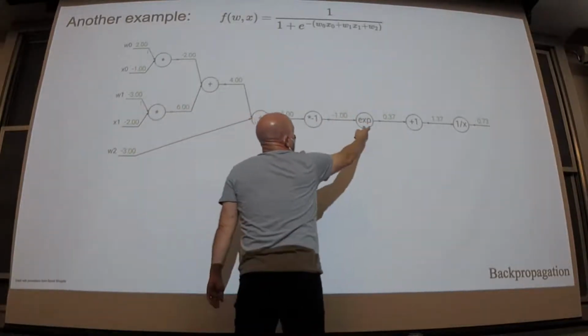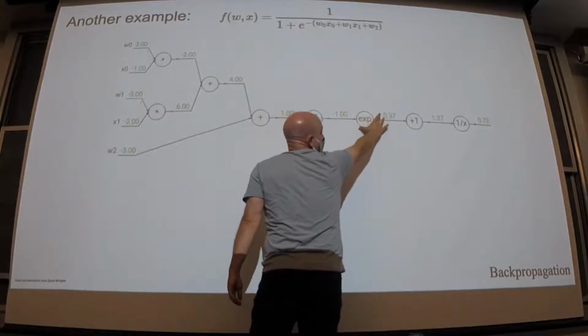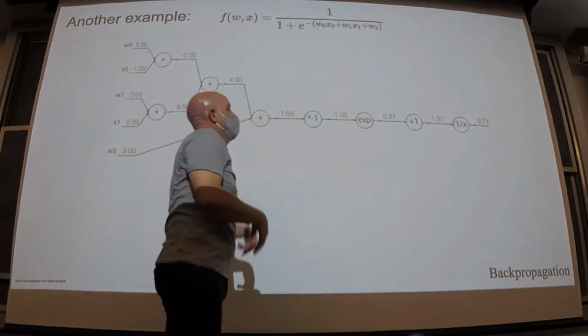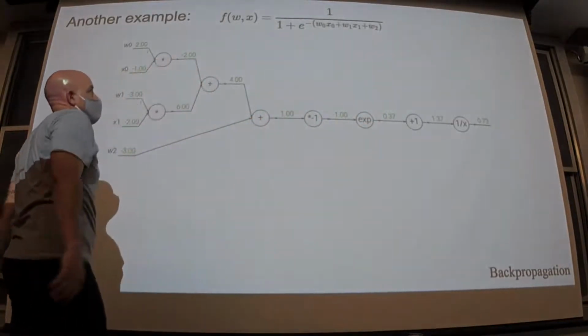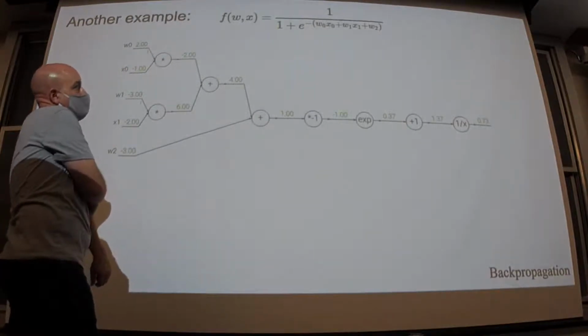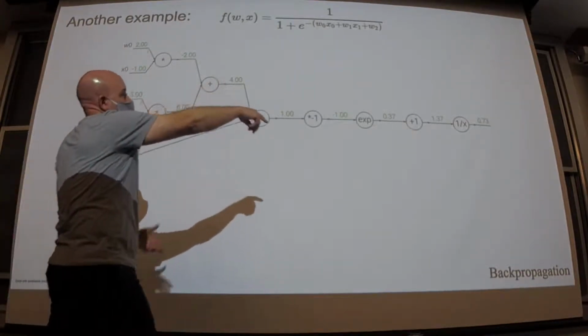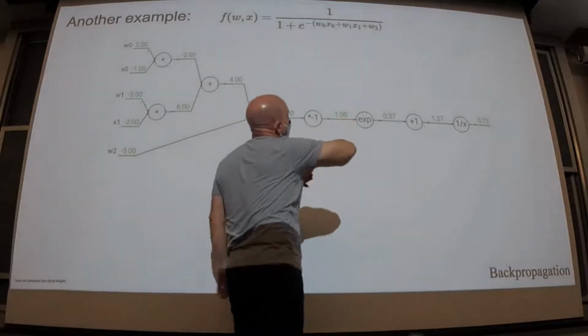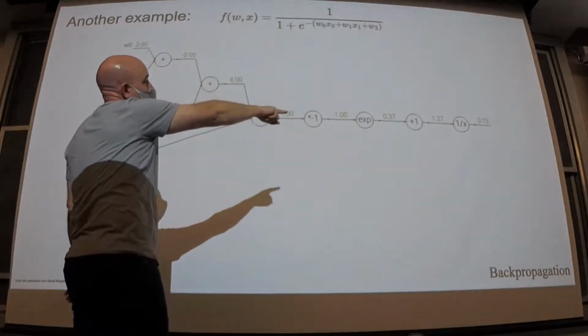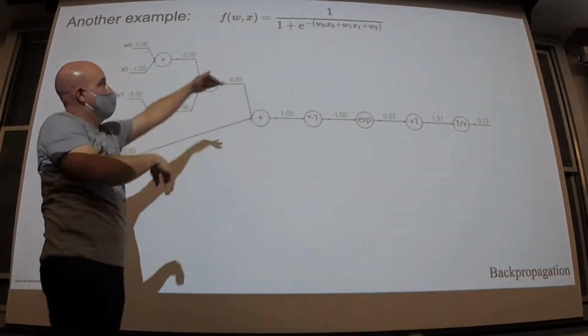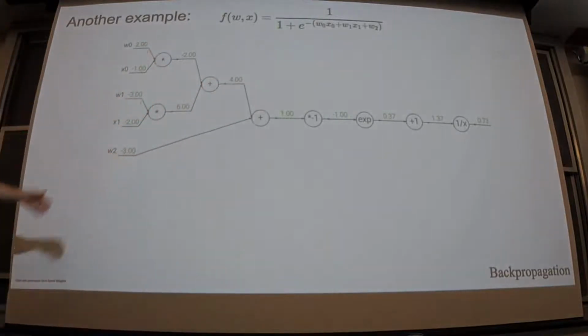This is a fairly complex operation, but we just represent it as exponentiating with the natural base. That gives us approximately 0.37. We add a 1, and then we take the reciprocal of that. That gives us the output of our function, which you can think of as the loss. So this is a not-so-simple computation graph.